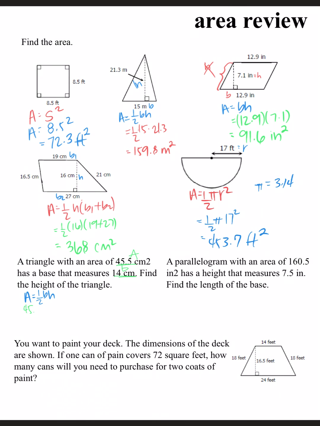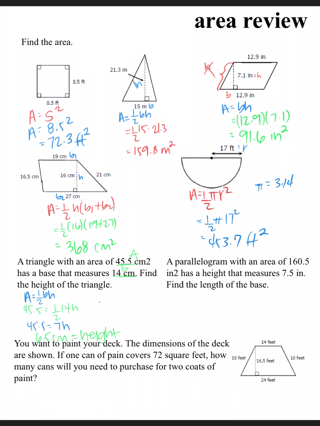So 45.5 equals 1/2 times 14 times height. Easiest way of doing this is 1/2 times 14, which is really 14 divided by 2, is 7, so 45.5 equals 7h, and then divide both sides by 7 to get h of 6.5 centimeters equals our height.